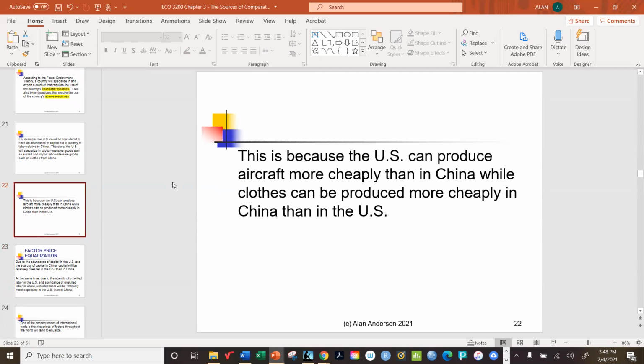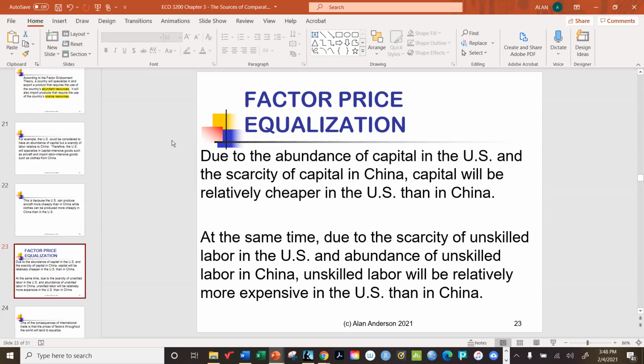All right, now one of the interesting consequences of this theory is that, according to this, as trade starts taking place, the returns to these factors will actually become more equal in the two countries.